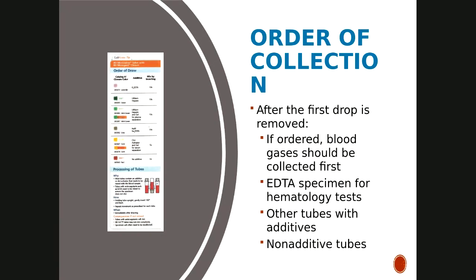Other tubes with additives, and as seen in your textbook on page 386, it would go lithium heparin tubes, then lithium heparin in gel for plasma separation. Gray top, SST gold would be next, and red non-additive tubes would be last. It is really essential that when collecting for capillary, we maintain our order of draw to produce an accurate sample.